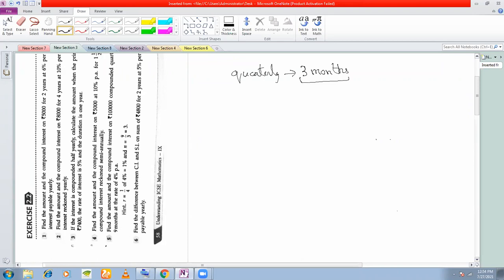If the bank is giving you interest in 3 months, the entire year you are dividing into how many parts? 4 parts, right? That is why you divide the rate by 4 and you multiply the time by 4 in case of quarterly, isn't it?